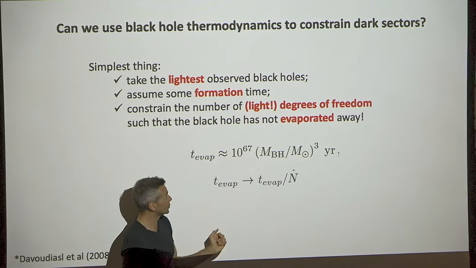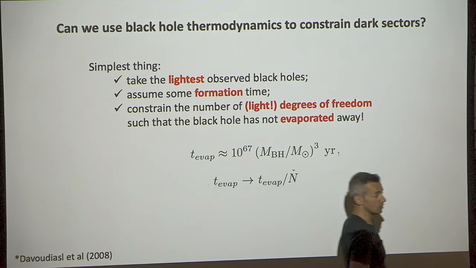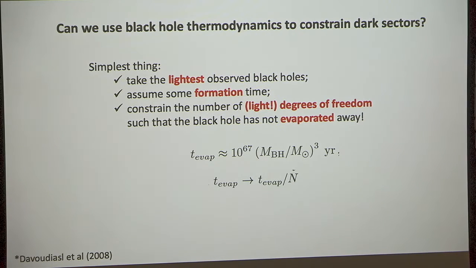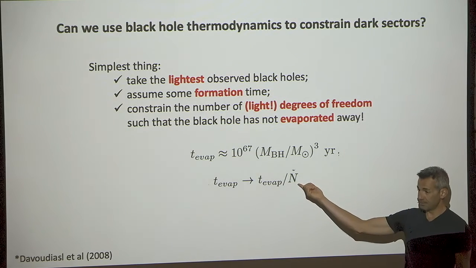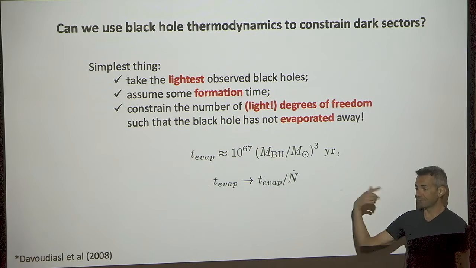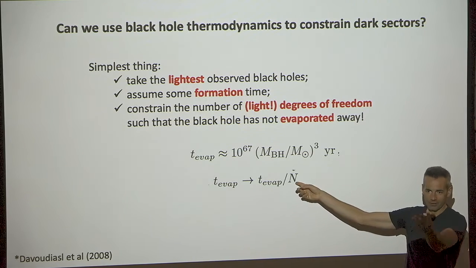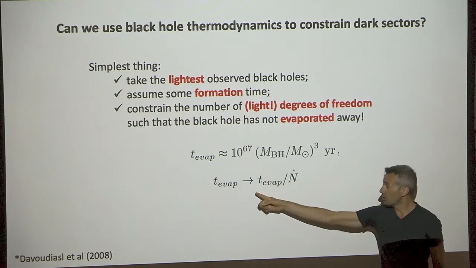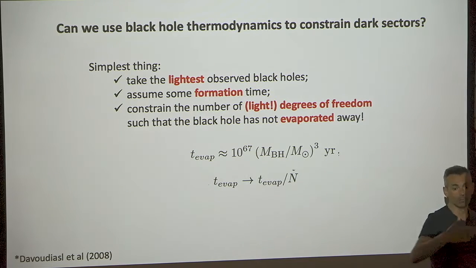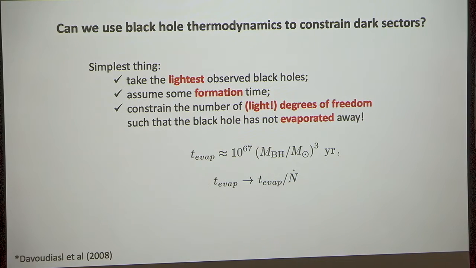We want them to stick around for about the age of the universe, which is 10 to the 10 years. And if you add N degrees of freedom, where N is much larger than the 100 degrees of freedom of the standard model, the lifetime of the black hole is reduced by a factor of 1 over N.